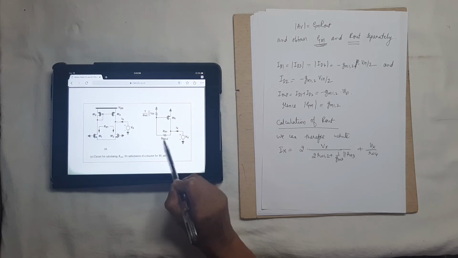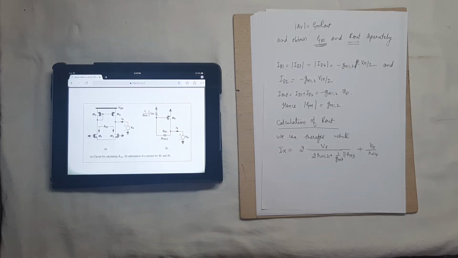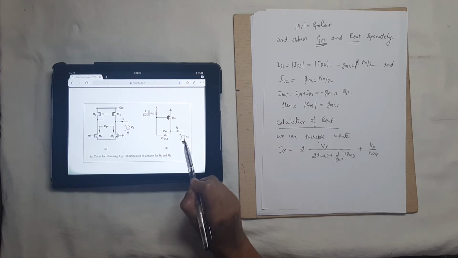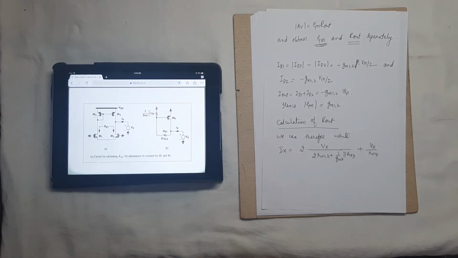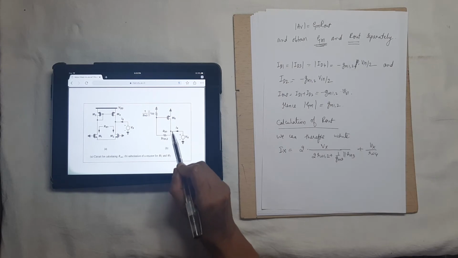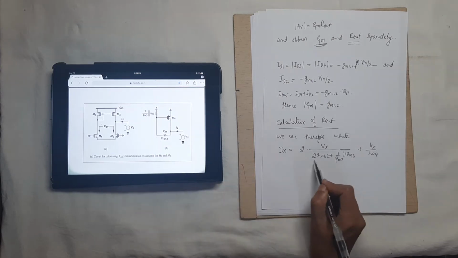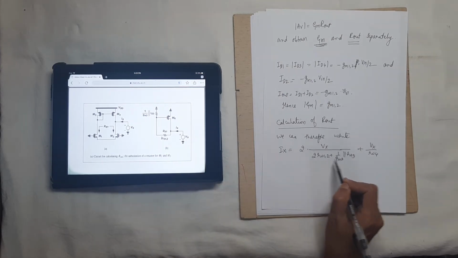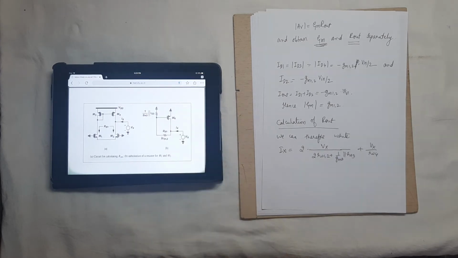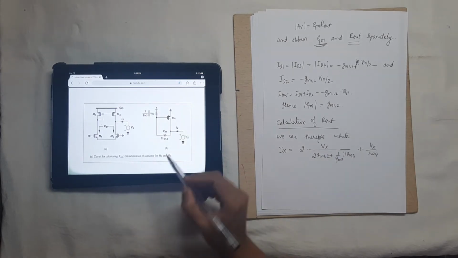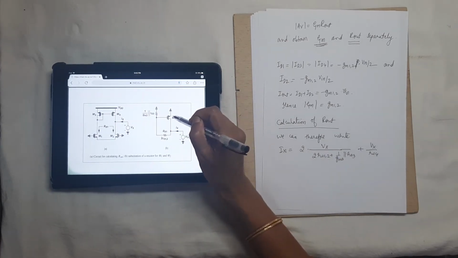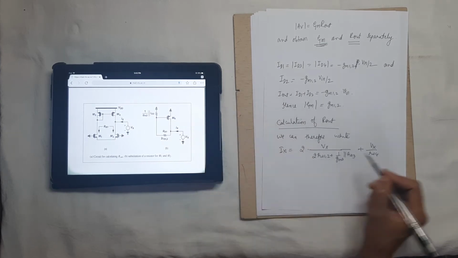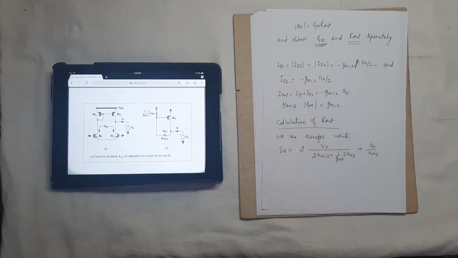So it follows this path as well as this path. What is the current flowing through this path? It is Vx divided by the resistance. Vx is the voltage source, and the resistance over here is 2RO12 plus 1/Gm3 parallel to RO3. The resistance of this particular transistor is RO4, so it is Vx divided by RO4.